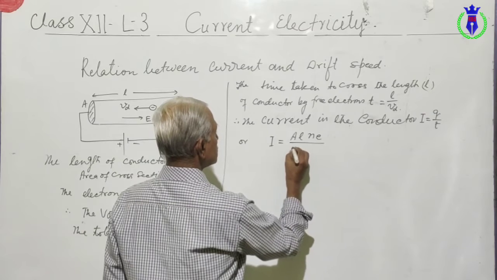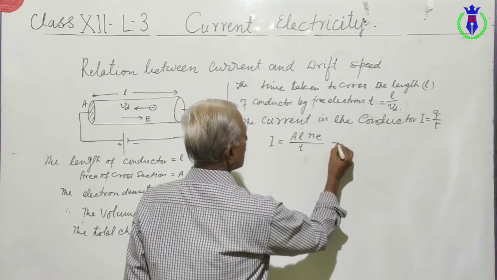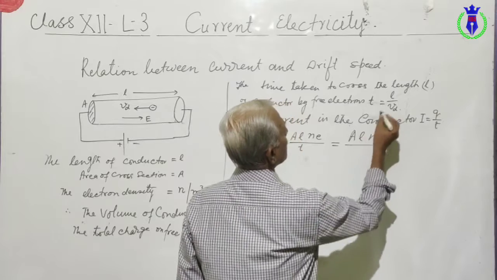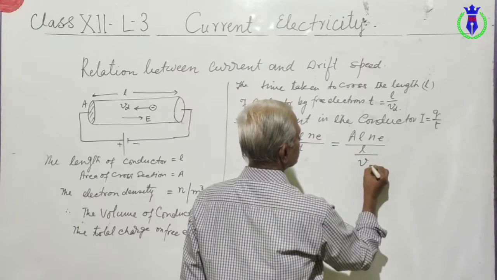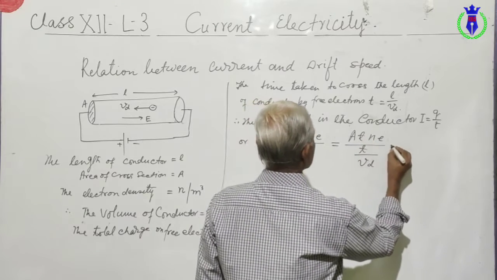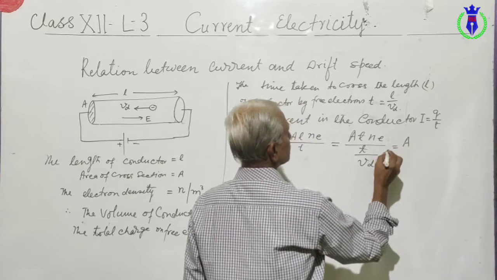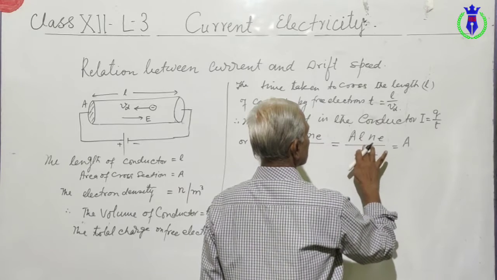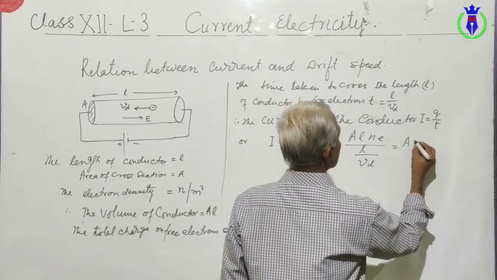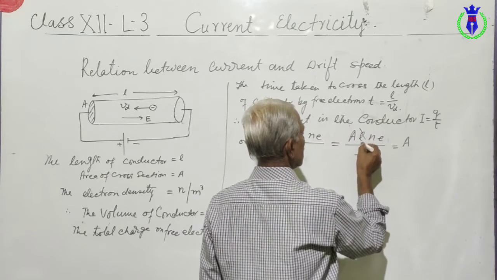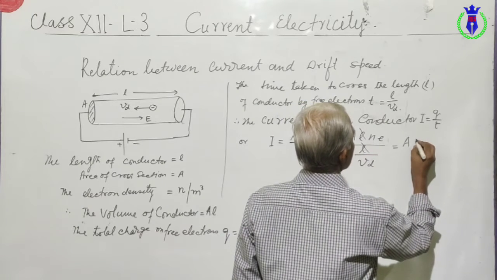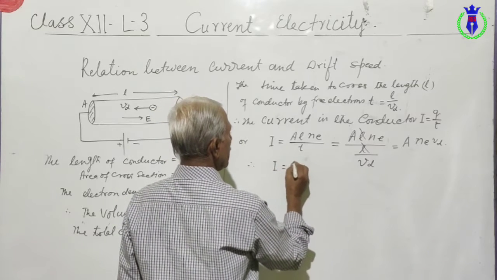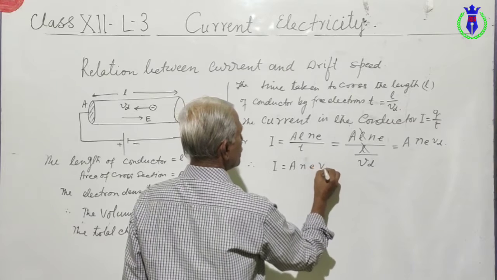I is equal to ALNE upon L upon Vd. This is equal to A, and this L cancels with this L, so it becomes ANEVd. I is equal to ANEVd.